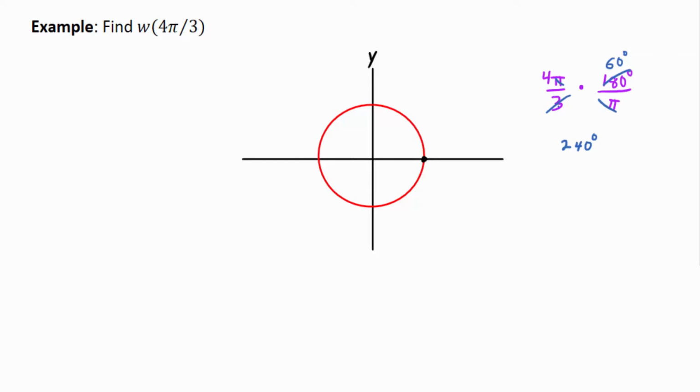Can I show you a better way to locate it? To locate the angle without converting? Here's a better way. Angle-wise, 0 degrees is the same as 0 radians, right? You already know that. So if you go that far, 90, that's 90 degrees. You already know that's pi halves, right?